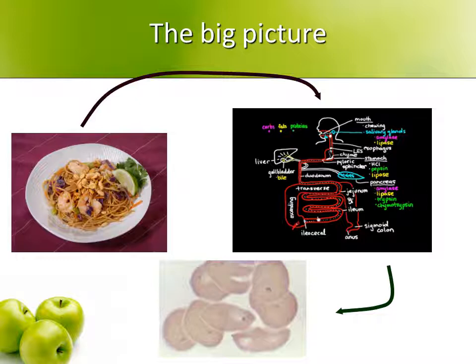Once those nutrients get to our body cells, all the things that go on in our body cells are termed metabolism. We're going to have a little bit of an introduction to metabolism today. However, we're going to be focusing on energy metabolism and not all of metabolism.